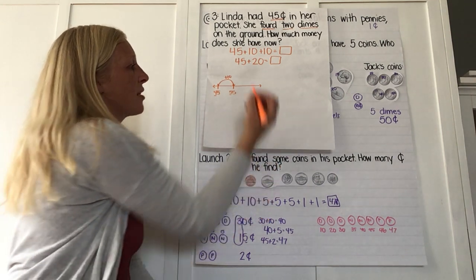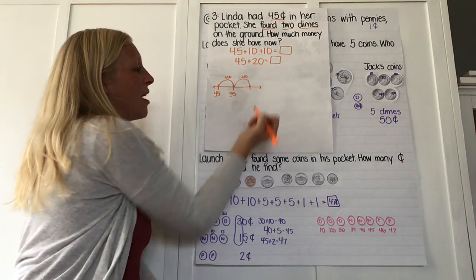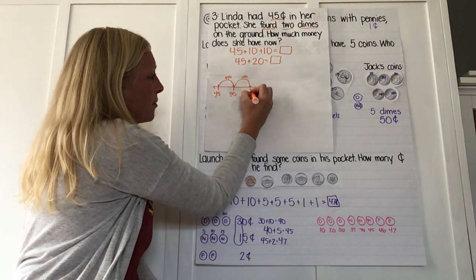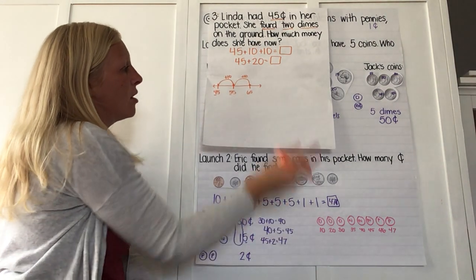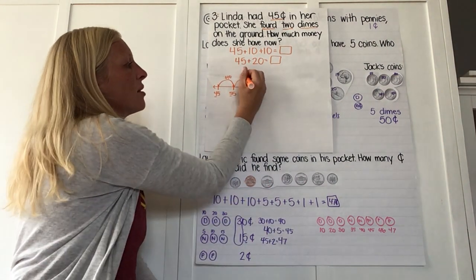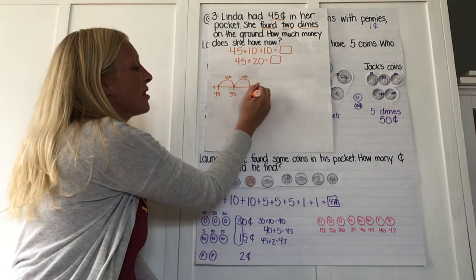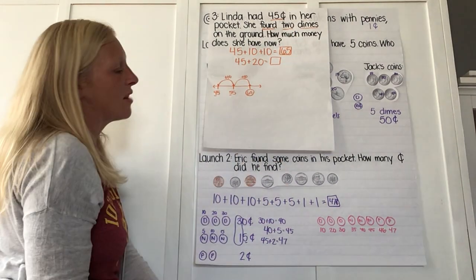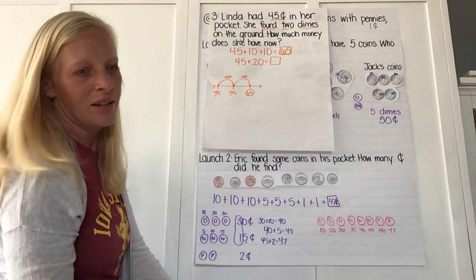And what did you do next? Add another 10, and where did you land? 65. And why 65? 5 10s and 1 10 is 6 10s. 65 cents.